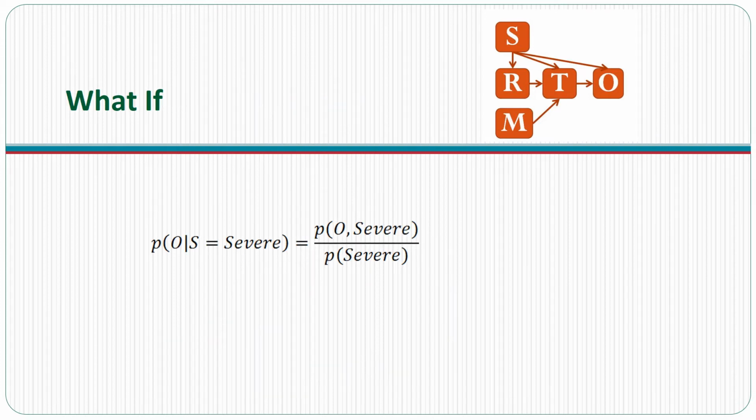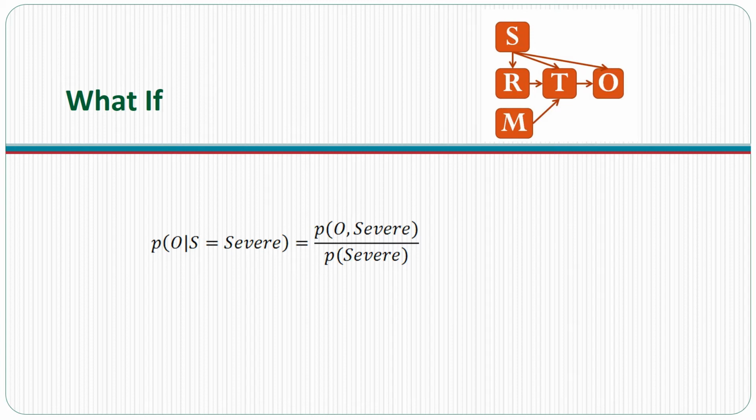Once we have the joint distribution of the events, we can use it to calculate conditional probabilities. This is a relatively simple operation. The conditional probability is the probability of the event divided by probability of all events.